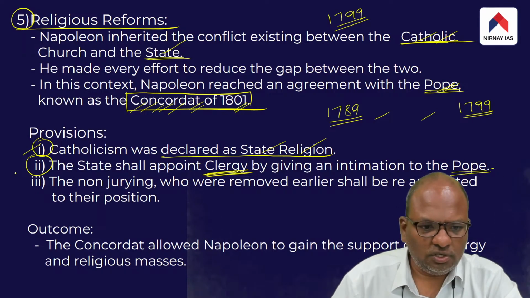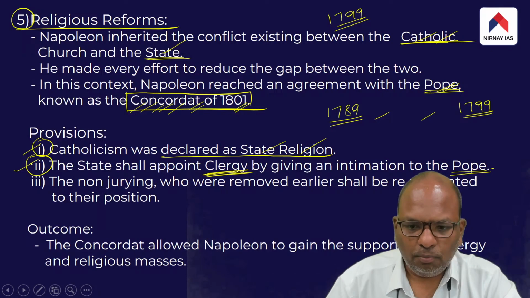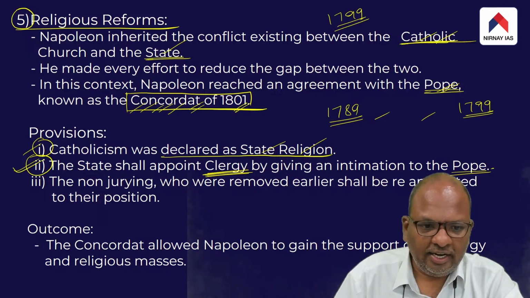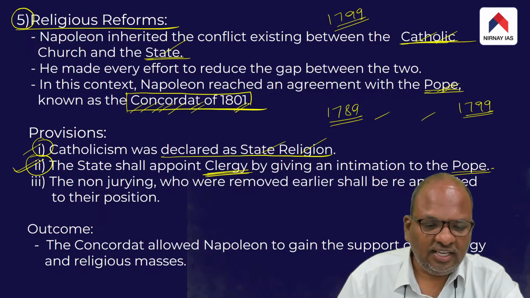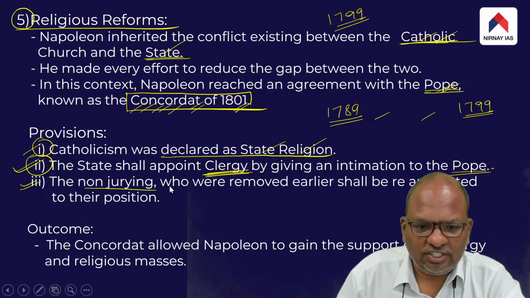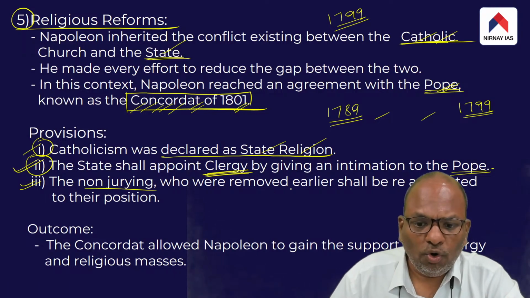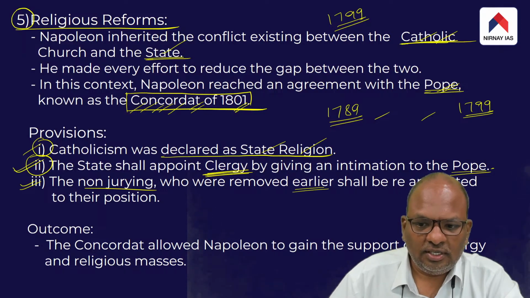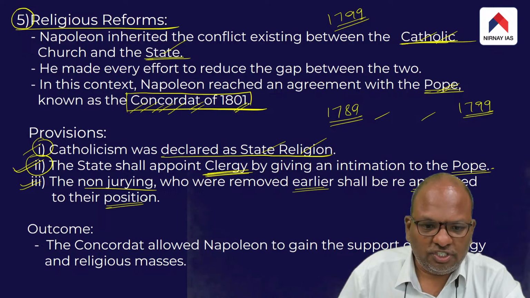This agreement was agreed to between the Pope and the government. And third, it was agreed that the non-juring clergy who were removed during the period of the revolution shall be reappointed to their positions.